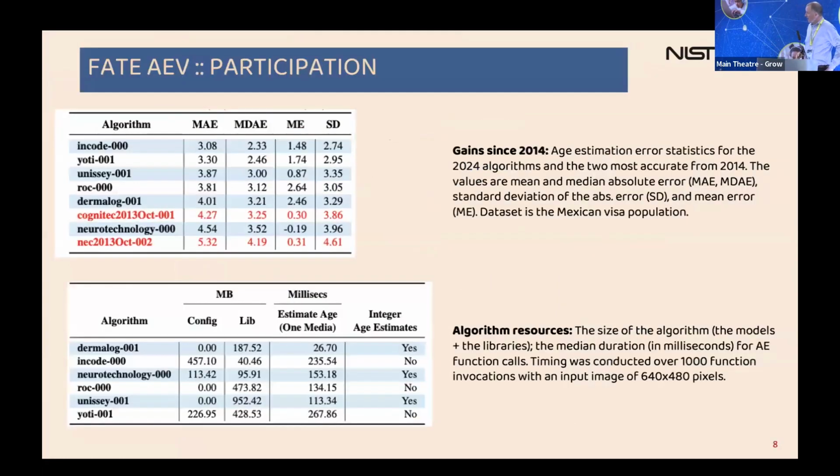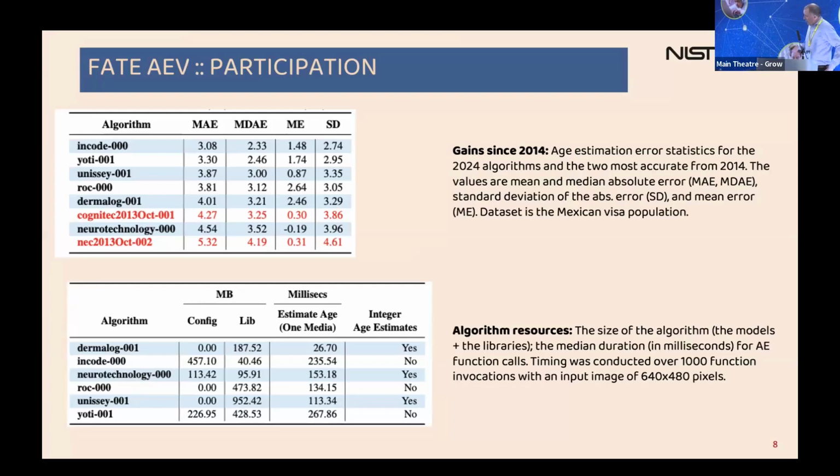Okay, so here we go, some results. 6 developers participated in the first phase of this, and it's open today, so you could send us an algorithm today and we would start running it. We recorded memory usage and how long it takes, generally below a quarter second. Some of the algorithms produce a continuous valued age estimate, and some give you an integer estimate, so 24.3 or 24.